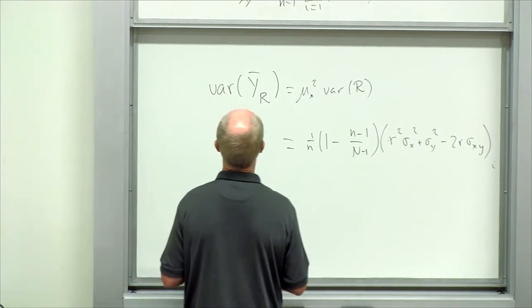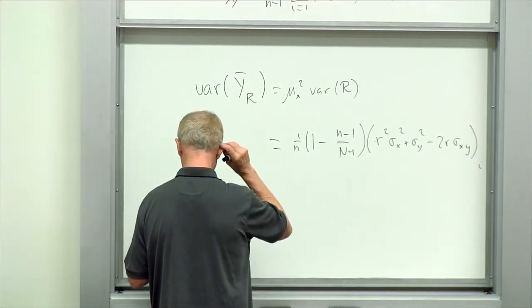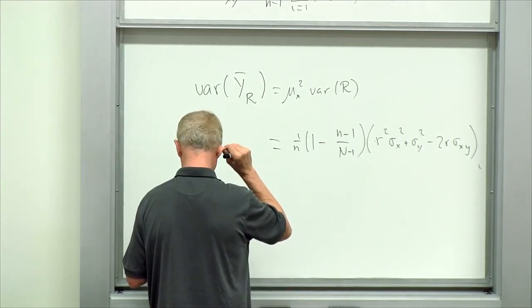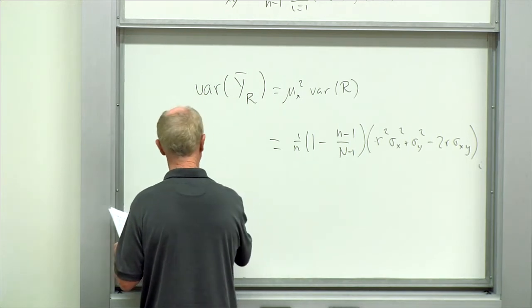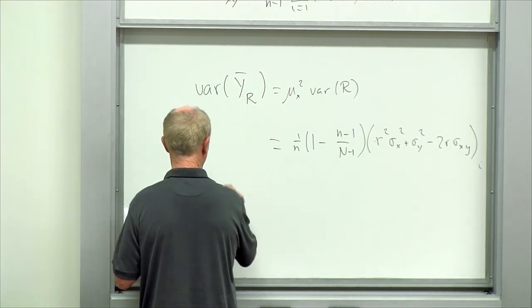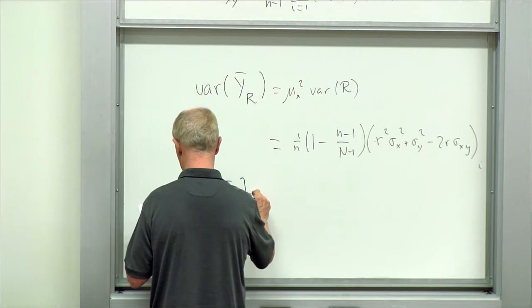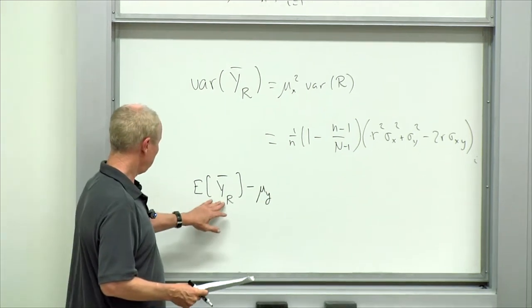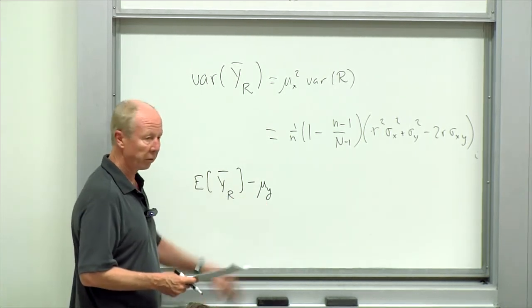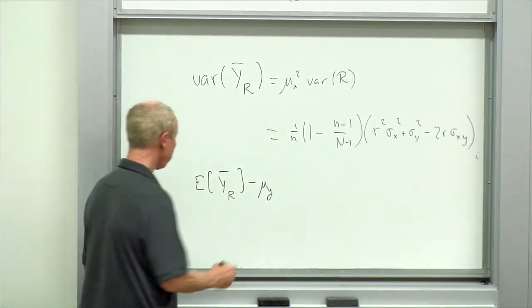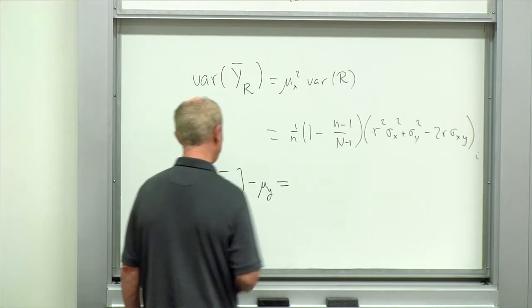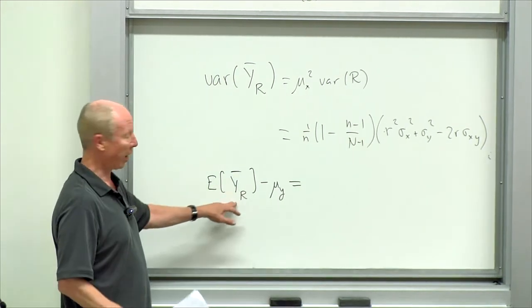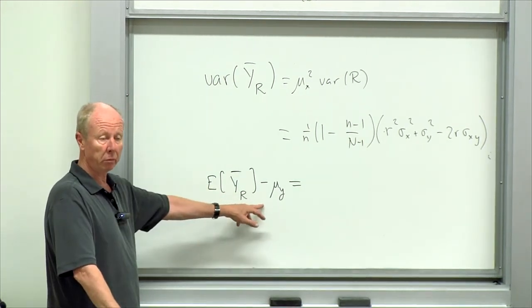And what about how far the expected value of our estimator is from the thing we're estimating? If it's 0, then this is an unbiased estimator of mu sub y.